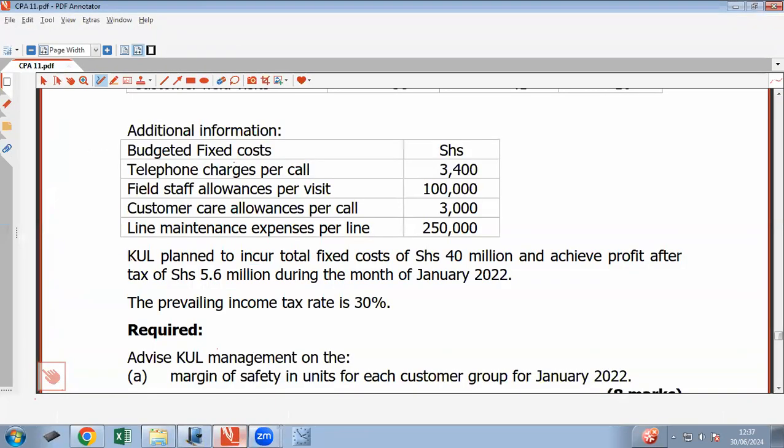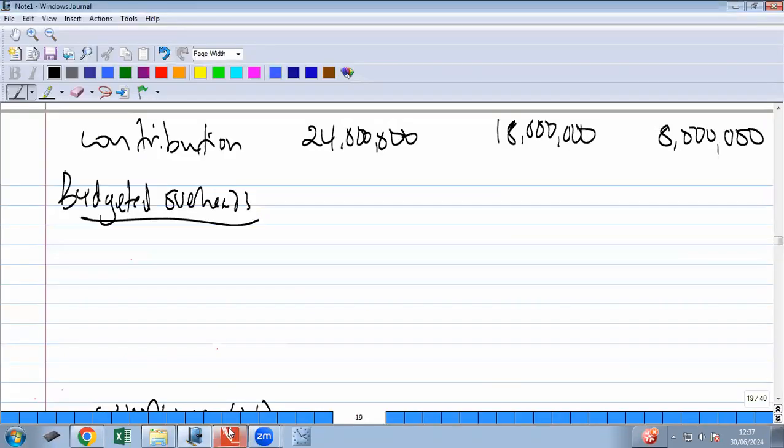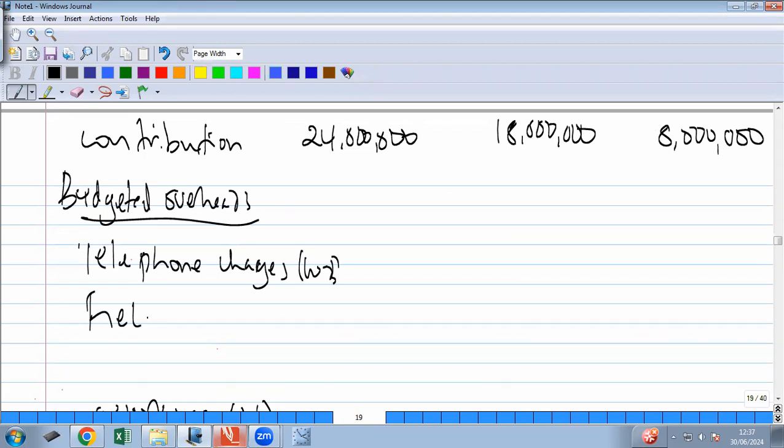We can first bring the way they are. We can start with telephone charges. We can say this is working number 3. Then the next one is field staff allowances. We can call this working number 4.